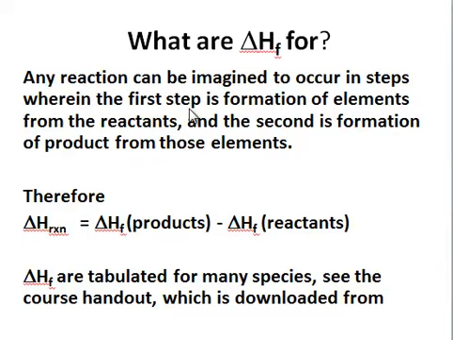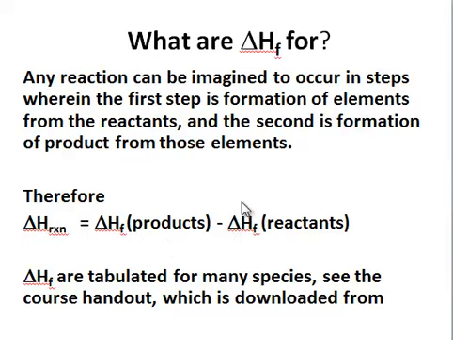If we imagine any reaction taking place that way, the heat of the reaction would be the heat of formation of all the products. That's the final step. And the first step, where all the reactants are broken apart into elements, would be the negative heat of formation of all those reactants.